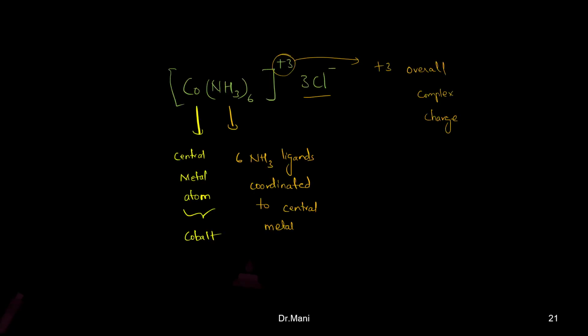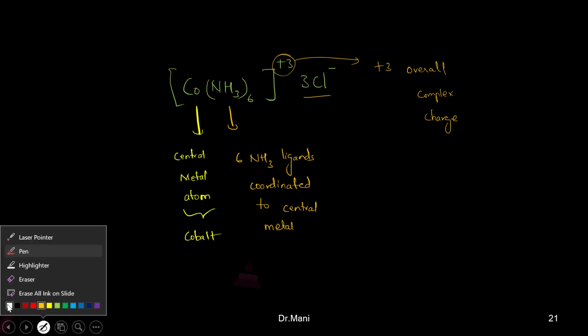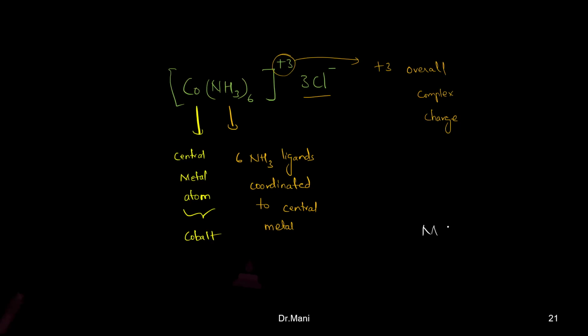Understood. So remember, do you remember the formula for writing this? MLn, Aplus Xminus. Right. So let's see each of them.